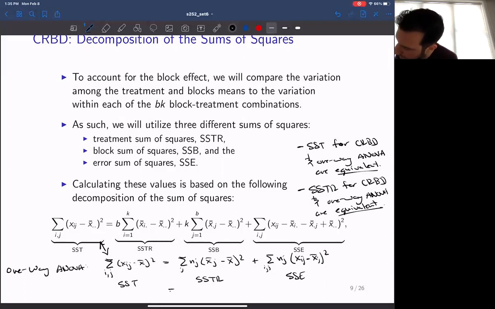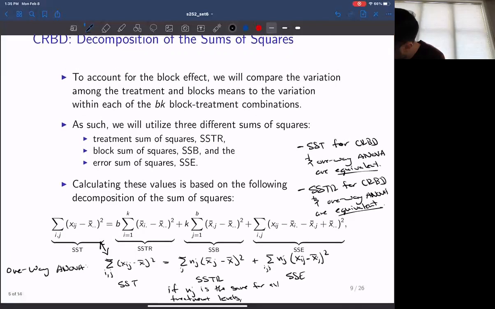Well, let nj be the same for all treatment levels, then SSTR becomes the sum over j of little nj multiplied by (x bar j minus x bar) squared.